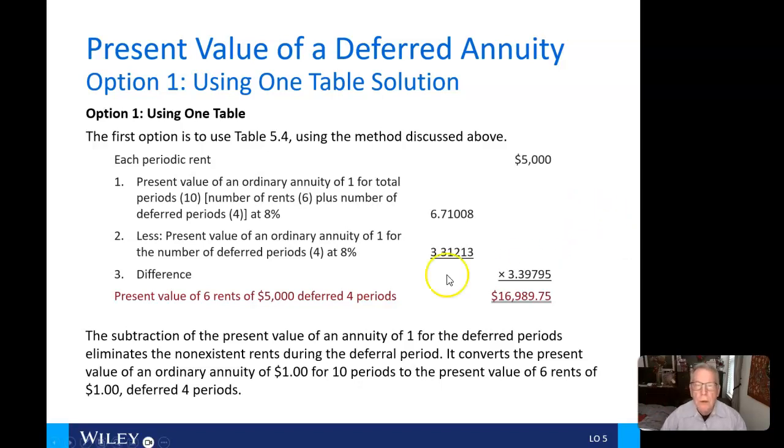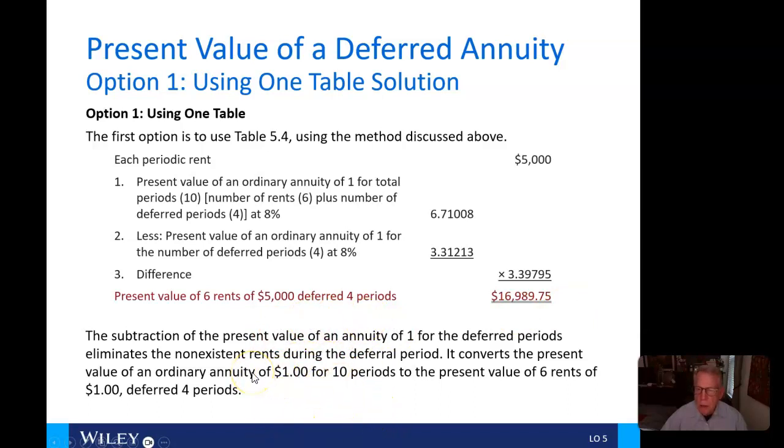Okay, so that's the present value of an ordinary annuity. Okay, and so we're going to take this and subtract it from this 6.71008, and we get 3.39795 multiplied by 5,000. We get the present value of 6 rents, $5,000, 4 periods.